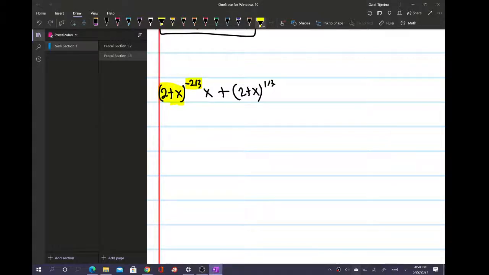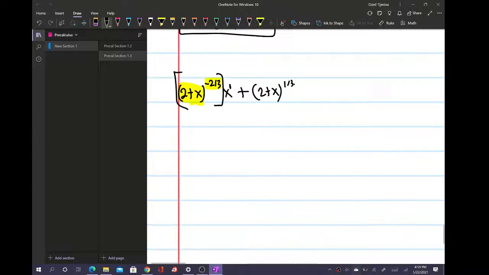Just because we have this exponent here in between 2 plus x and x, this is not correlated with x. These two are different terms. This is a term in and of itself, and it's being multiplied by x to the first. So do not get confused.